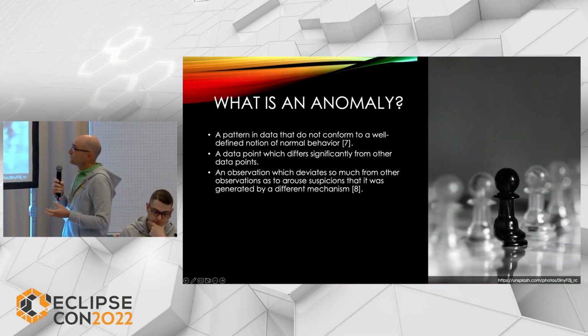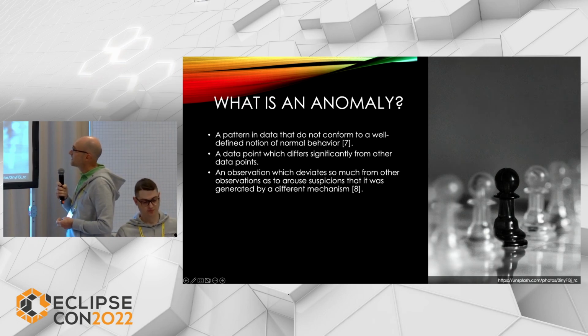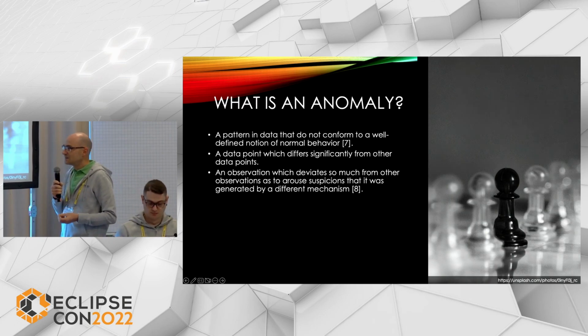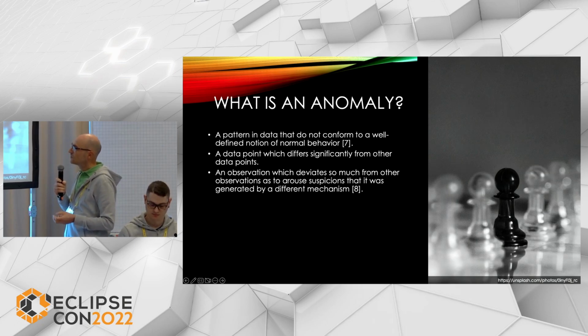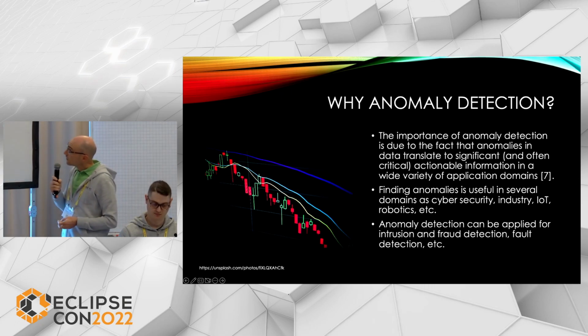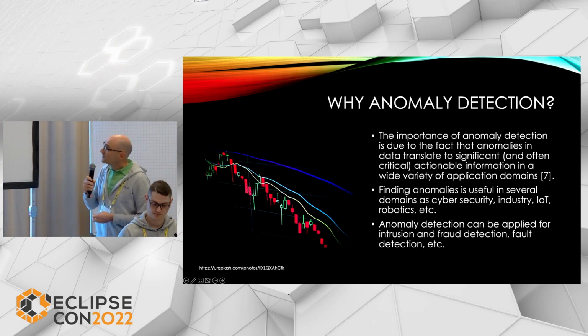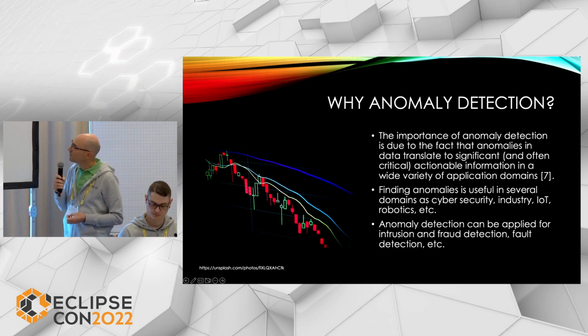Let's say, what is an anomaly? An anomaly is an outlier, so data that is totally different from the other data we have collected. A pattern that does not conform to a notion of correct behavior of our system. Anomaly detection is important because anomalies show how the system deviates from the correct behavior.